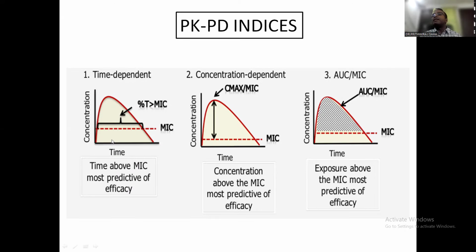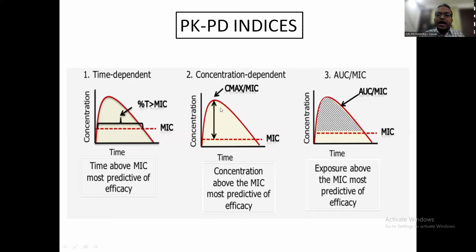Time dependent means how much time the drug was above MIC, in percentage of the duration of the drug frequency at which the drug is given. अगर 8 घंटे के ड्रग फ्रीक्वेंसी पे दे रहे हैं हम, TDS दे रहे हैं, so if we say 50% time it was above MIC, means 4 hours it was above MIC. We will be coming to the subsequent example. You will understand more and more.